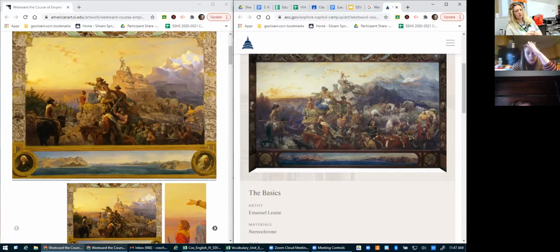Trail of Tears. Yes, Native Americans, absolutely. So we are not seeing them in either one of these. They are not highlighted in here at all.